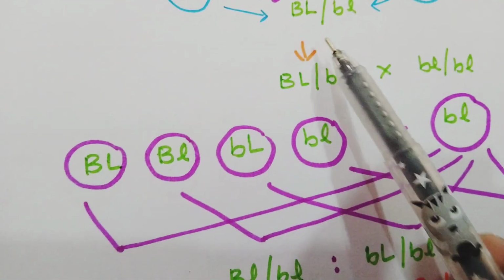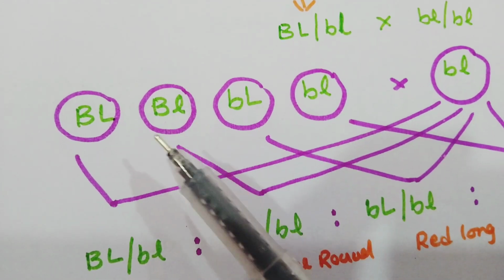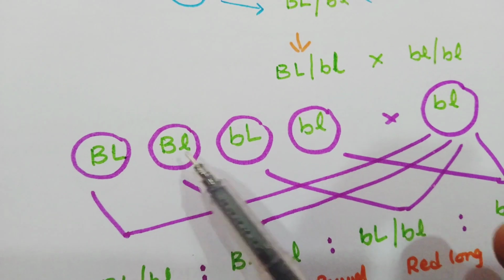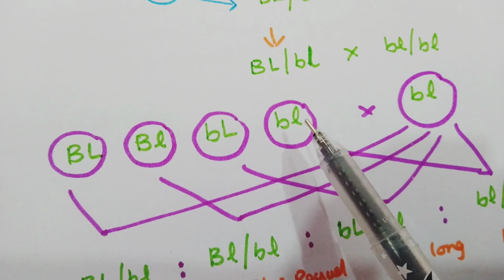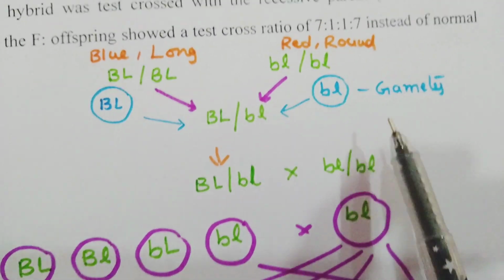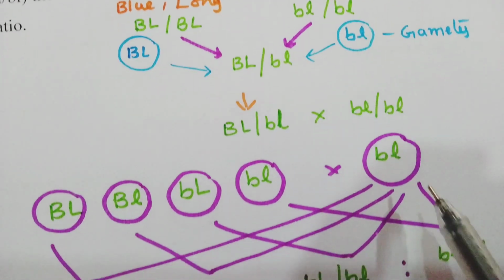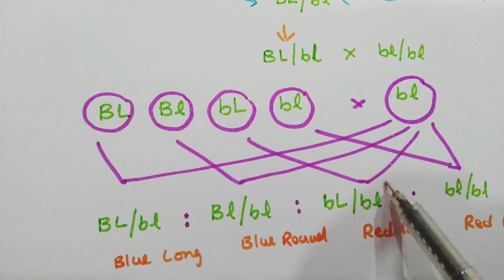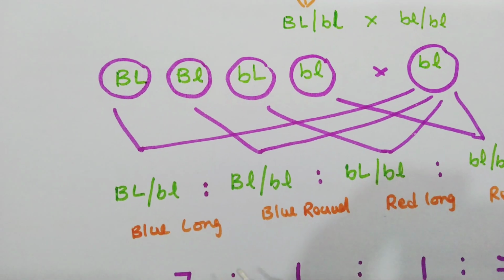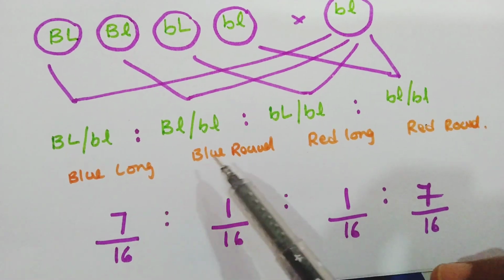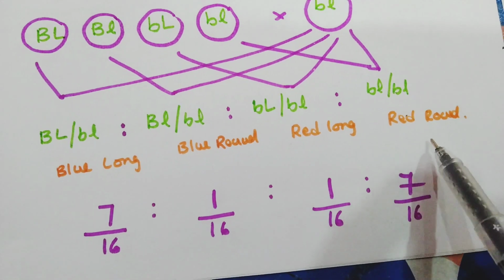From the F1 individual, 4 gametes will come. When the F1 individual is backcrossed with a double recessive parent, that means the red, round pollen parent, we expect 4 different phenotypes: blue long, blue round, red long, red round.